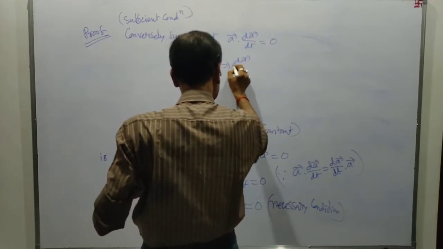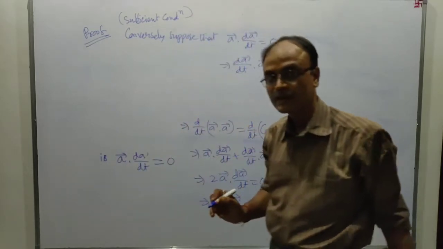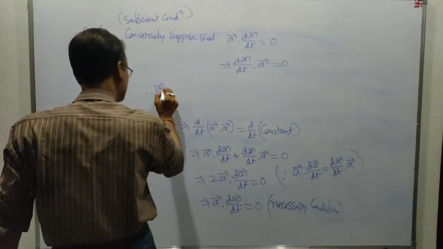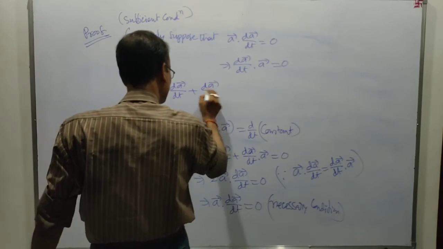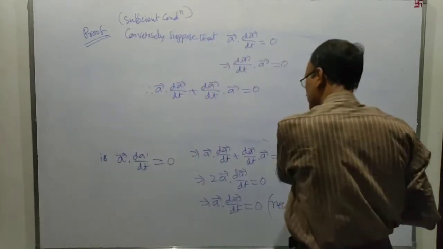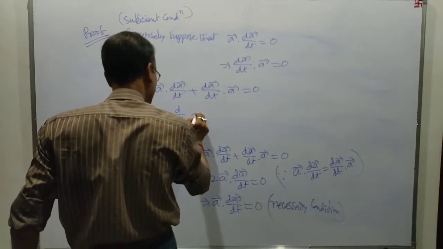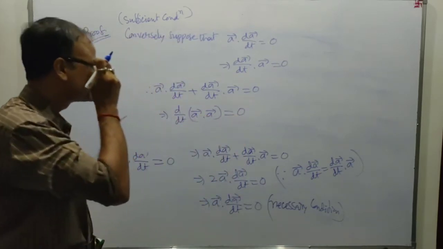This means dA vector by dt dot A vector will be equal to 0. Just add these two vectors. Therefore, A vector dot dA vector by dt plus dA vector by dt dot A vector is equal to 0. This means d by dt of A vector dot A vector will be equal to 0.